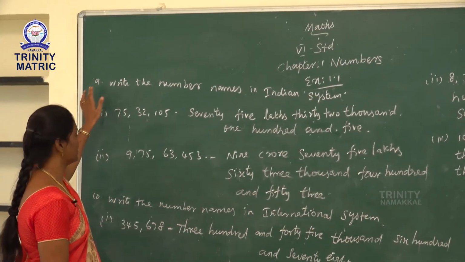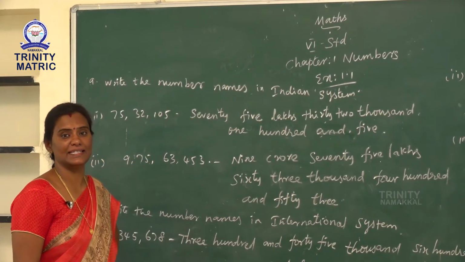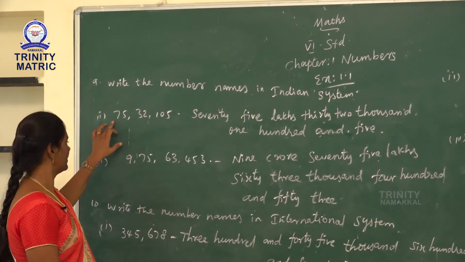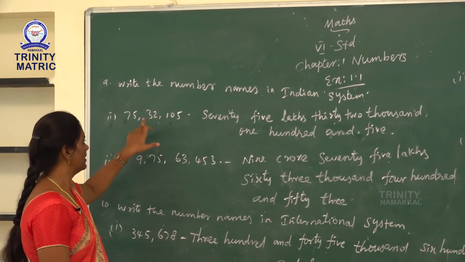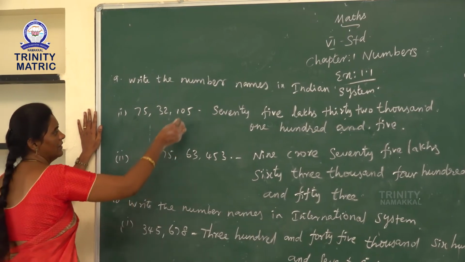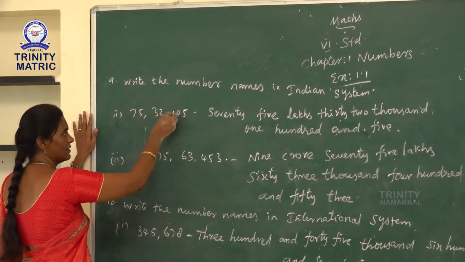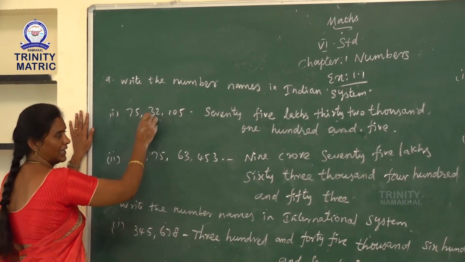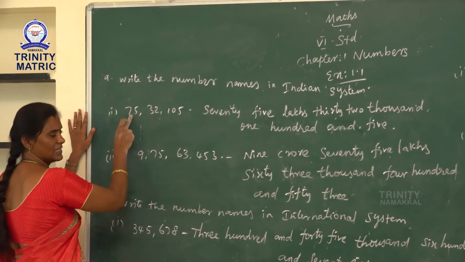Now the ninth sum is to write the number names in the Indian system. Here the number is given in the Indian system. Say the place values: ones, tens, hundreds, 1,000, 10,000. In the thousands place we have 32 and in the lakhs place we have 75.